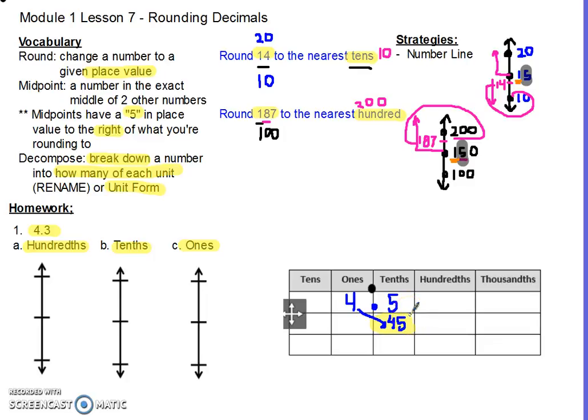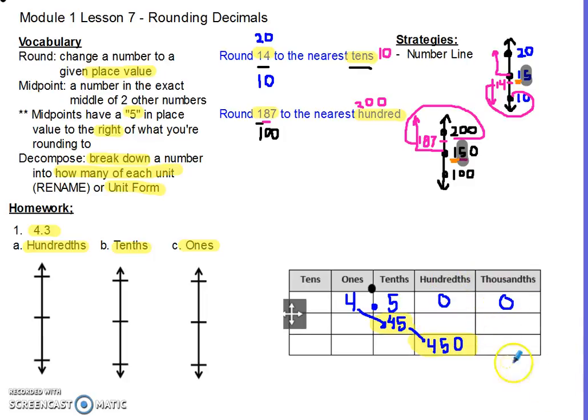So instead of doing all the little dots for breaking down, I can just say I would have 45 tenth discs on my chart. Now I don't have any hundredths and I don't have any thousandths, but if I wanted to break them down, I could go even further and say, all right, how many hundredths do I have? By moving that number over again and saying 45 here and bringing down that 0 and saying, oh, I have 450 hundredths discs here.